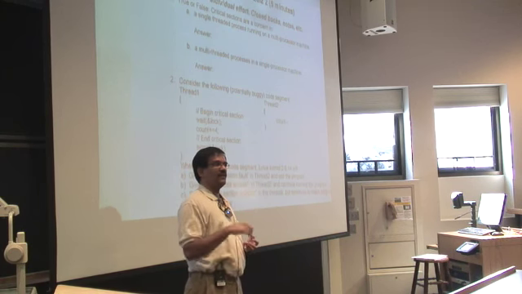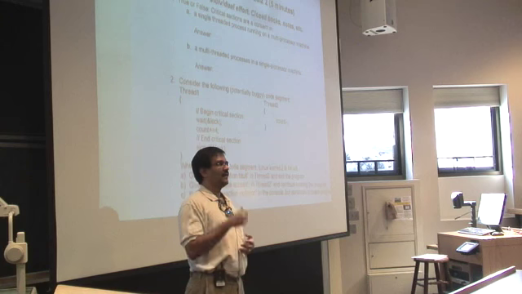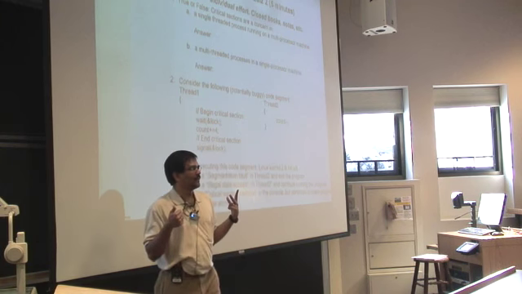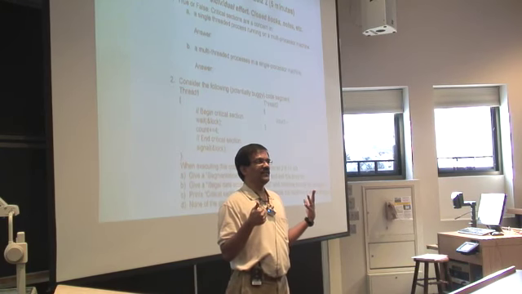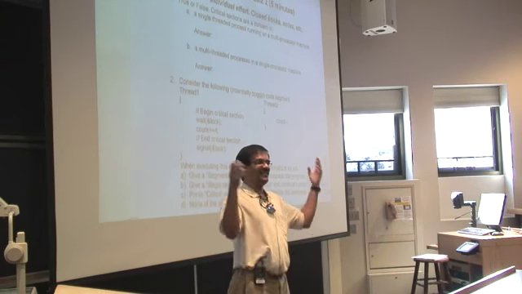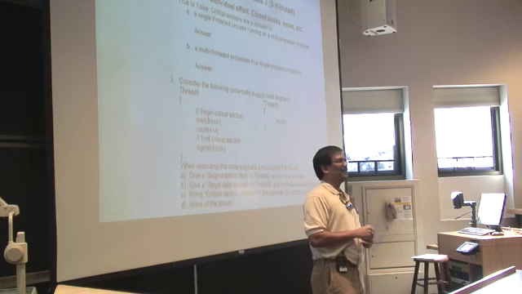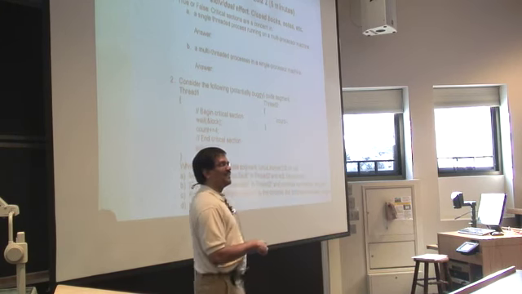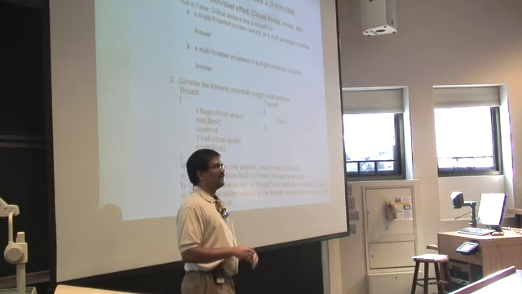How many wrote A? How many wrote B? I have 1 for A, 2 for B. How many wrote C? 4 for C. How many wrote D? Oh, it's like a 1 versus 100 kind of thing, right? Many people voted for D, right? The answer is D, right?